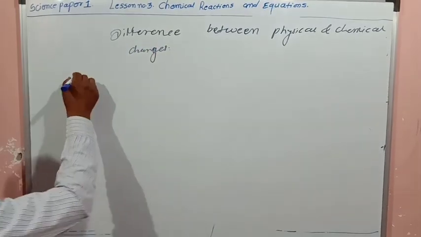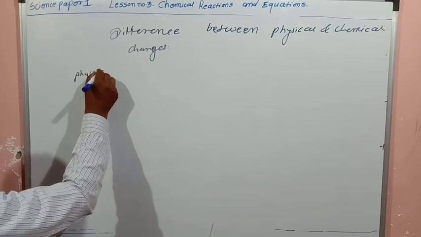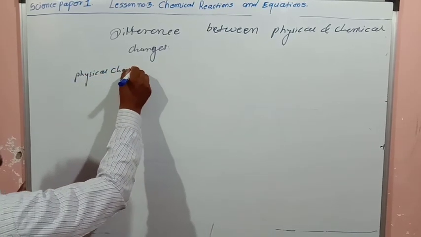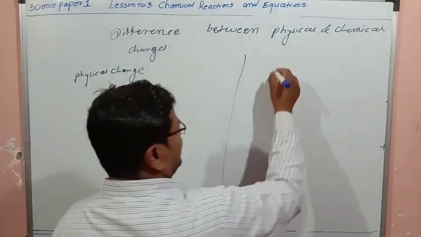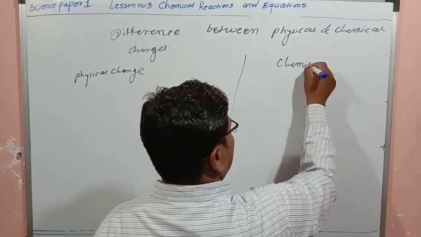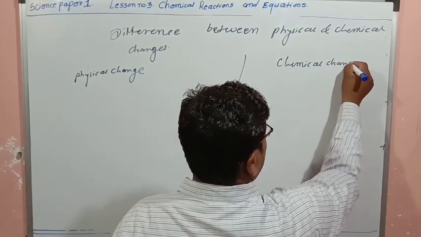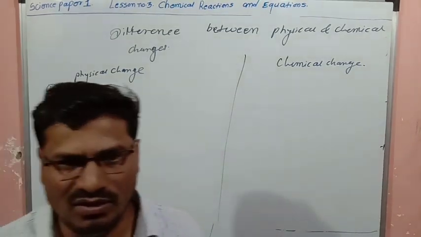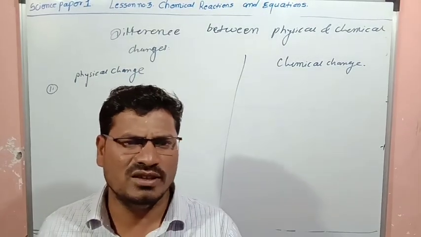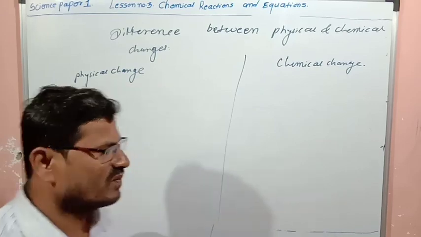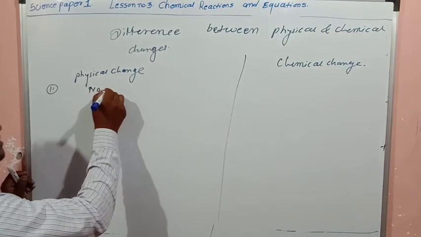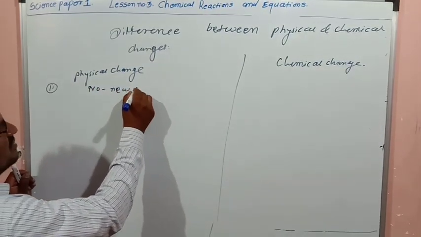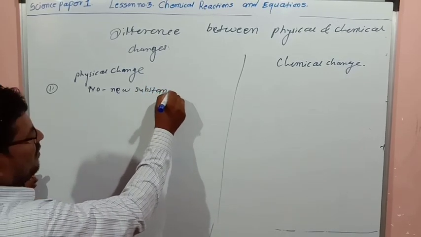On this side we'll write physical change, and on this side we'll write chemical change. First thing is that in case of the physical change, no new substance is formed.